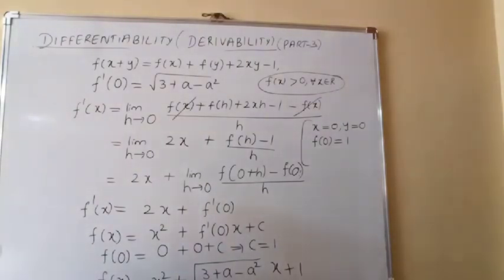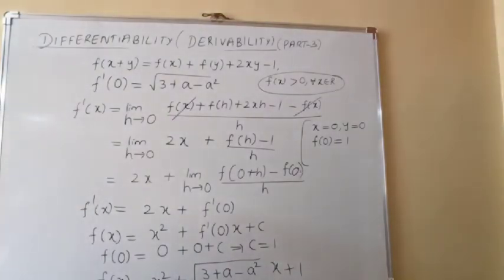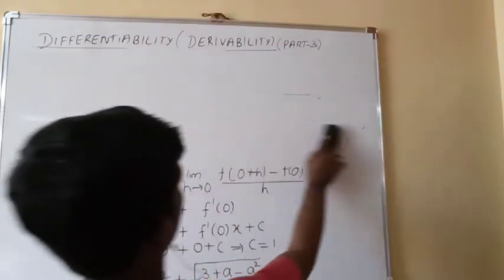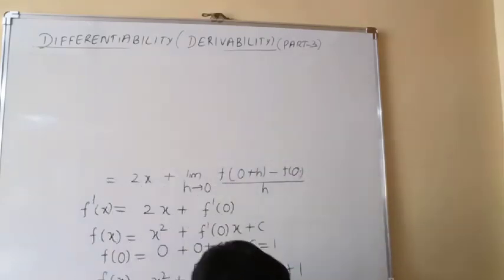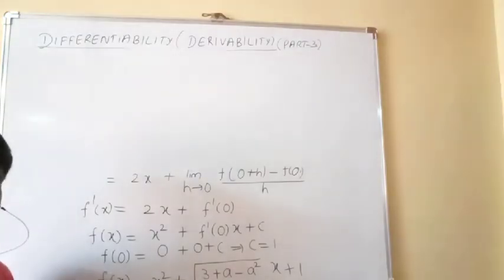Now we have to show that it is positive. See, now it is a quadratic. To show that it is always positive, I am finding its discriminant. Here f of x is quadratic in x, and the x square coefficient is 1.